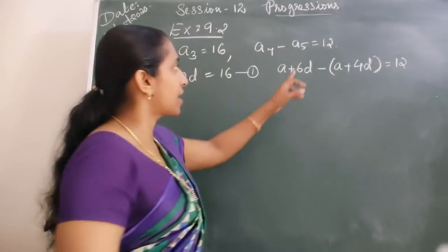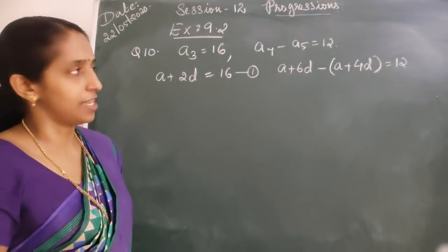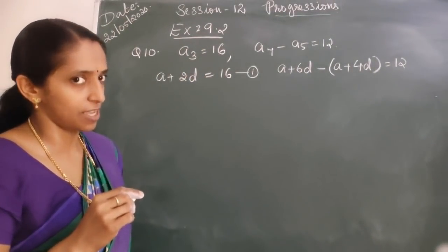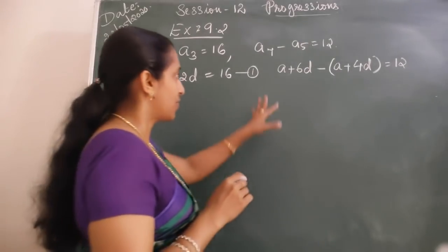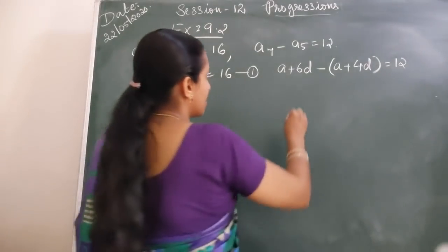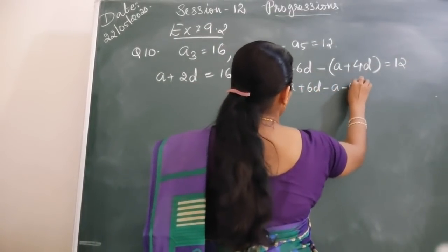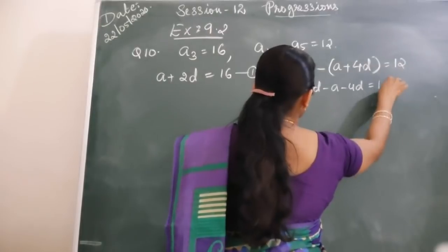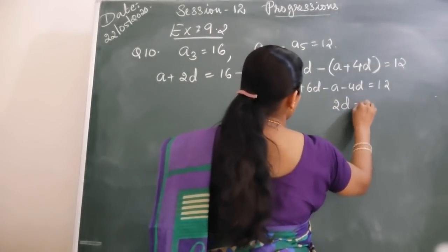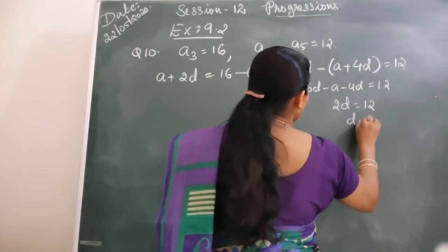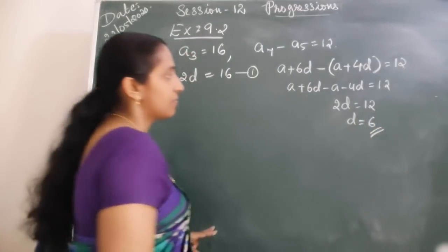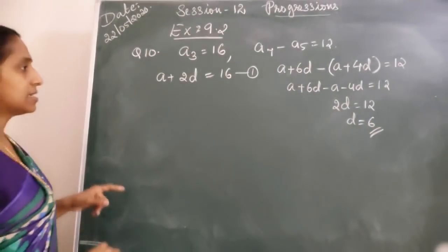If you are simplifying the second equation, A and A will cancel. So A plus 6D minus A minus 4D is equal to 12, means you are getting 2D equal to 12, or D equal to 6. We got D value as 6.